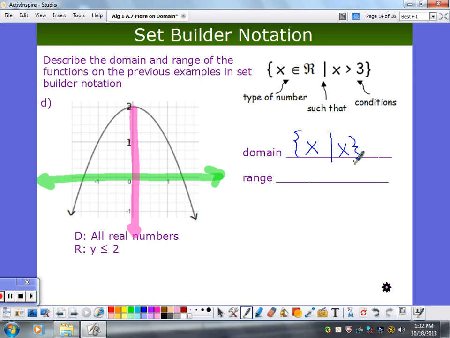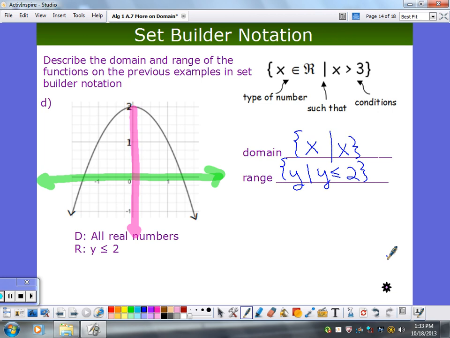Because I'm not putting a condition on that real number, this says any x you pick, put it in the set. Any x that's a real number, stick it in the set. That's how we say that. Now the y values, our range was y is less than or equal to 2. It has a condition because we're not using all the real numbers. So I put my brackets in, declare my y, I separate my variable declaration from my condition, and there it is.